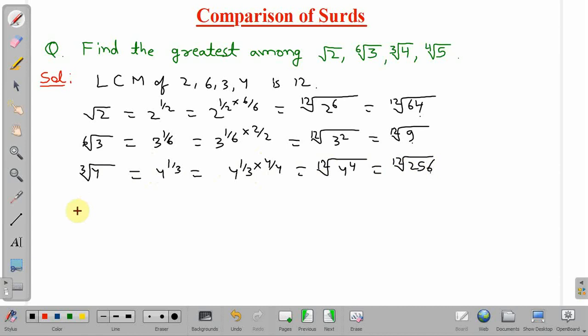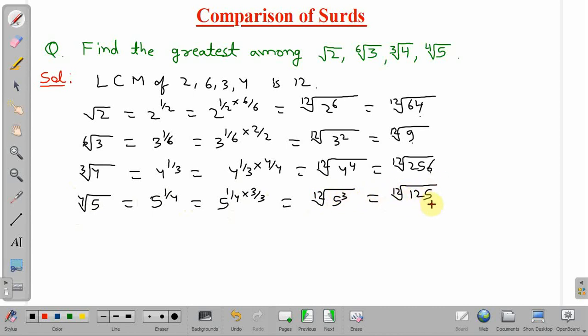And the last number is the 4th root of 5, which can be written as 5 to the power 1 by 4, so we need to multiply and divide the power by 3. So it will be the 12th root of 5 to the power 3, and it will be the 12th root of 125.